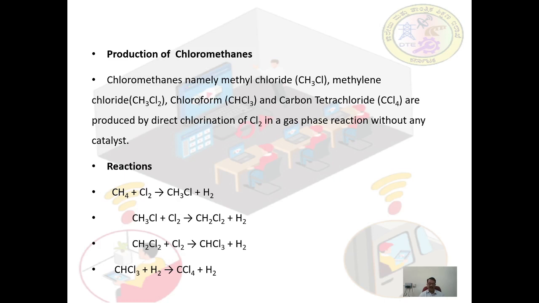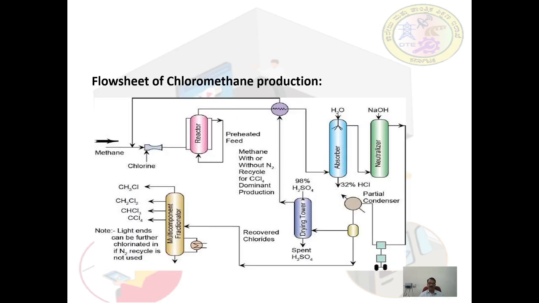So these are the reactions taking place in the production of chloromethanes. This is the flow diagram used for the production of chloromethanes.